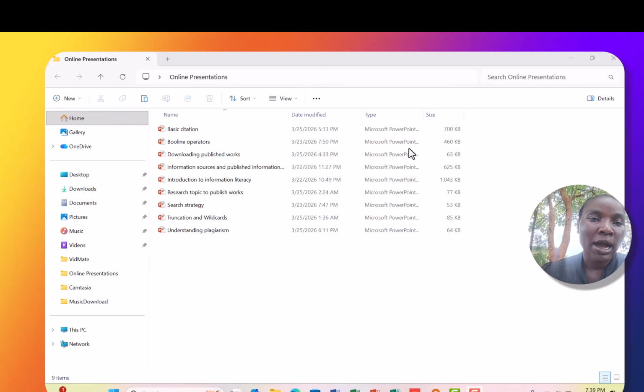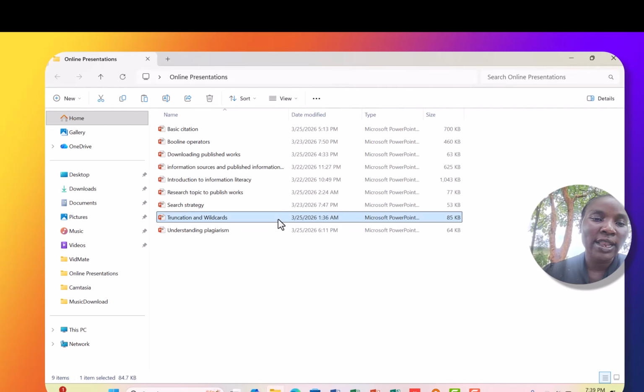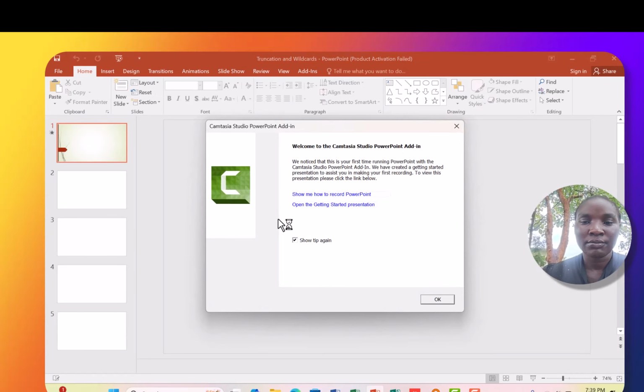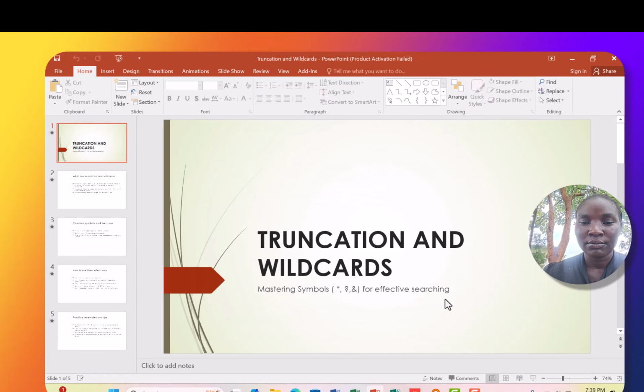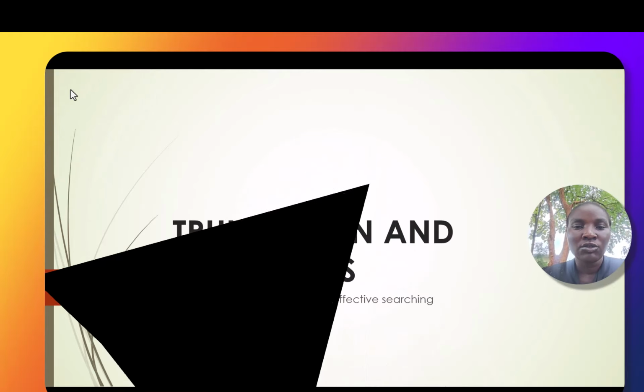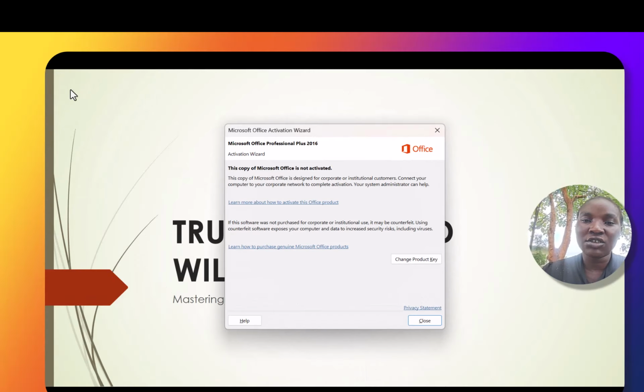So today I want us to look at something new called truncation and wildcards. Let's open up our presentation. So we are looking at something called truncation and wildcards.